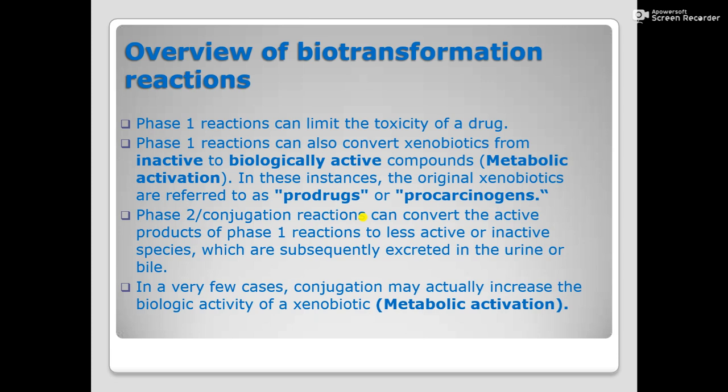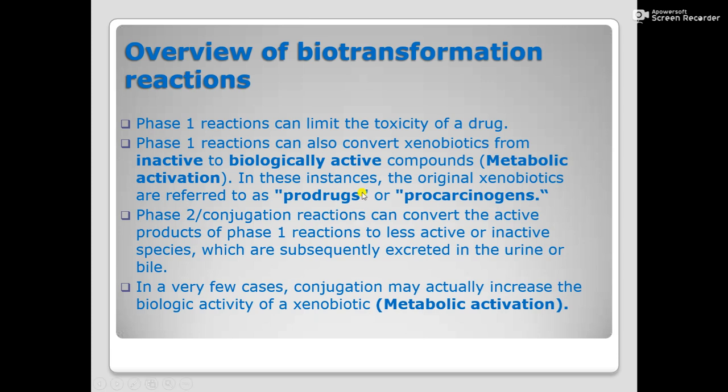There are two types of reactions in the metabolism of a drug: one is phase 1 and the second is phase 2. Phase 1 reactions are also called oxidation, reduction, and hydrolysis reactions.